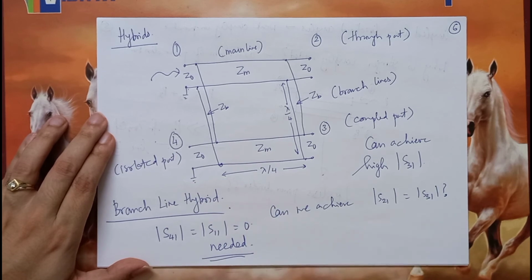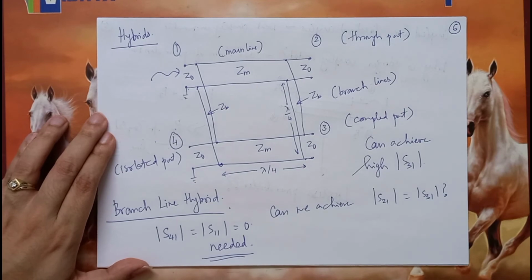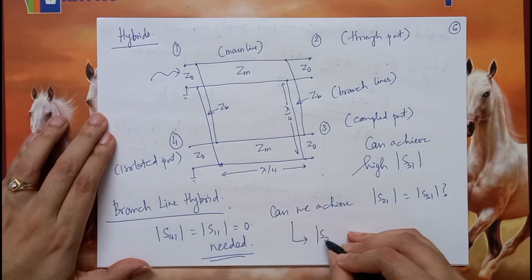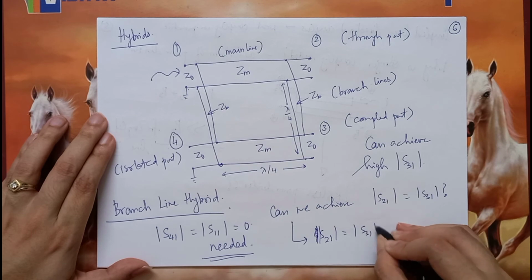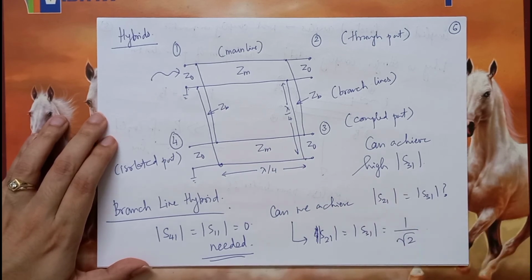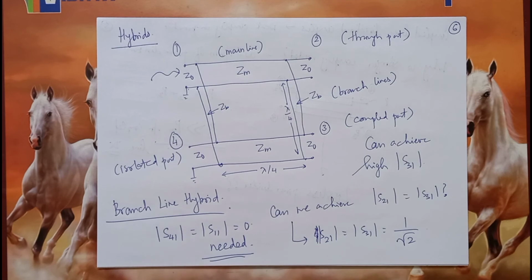Then in that case, whatever is the power at port 1 could possibly get divided equally. So if so, then the mod of S21 and the mod of S31 will be equal to each other, and that is 1 by root 2. But obviously it depends on the impedance values, and we shall see how to work with that also.